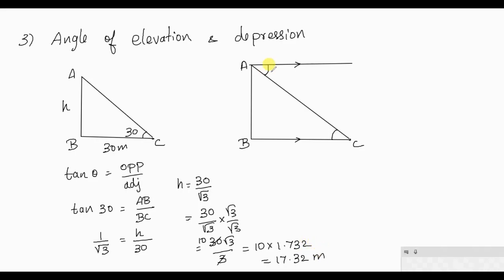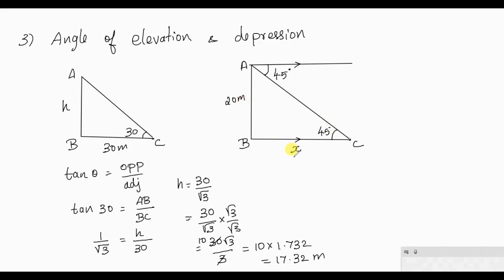Let me give an example for depression. Suppose the angle of depression is 45 degree, and in this case the height is equal to 20 meter, and they ask you to find the distance between the building and the object here, let me take it as x. We know that angle A and this angle C will be equal because it's an alternate angle, so 45. Again for C we have the opposite side as well as the adjacent side.